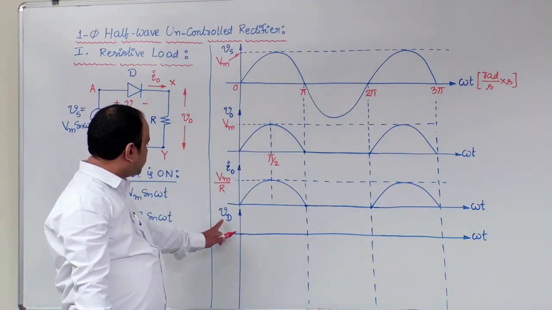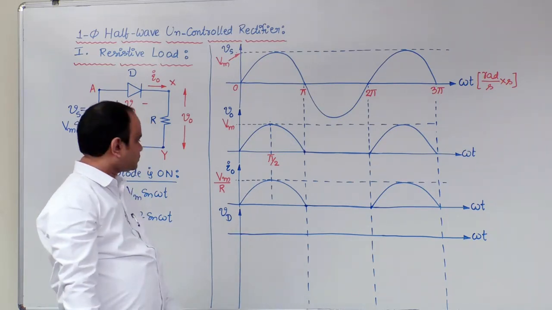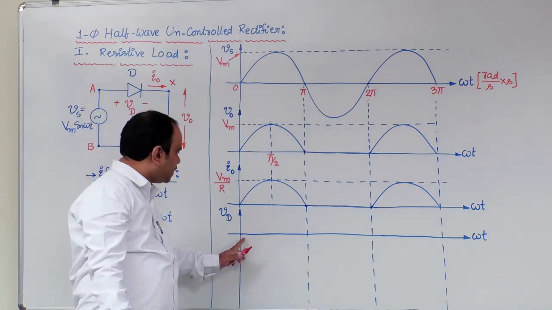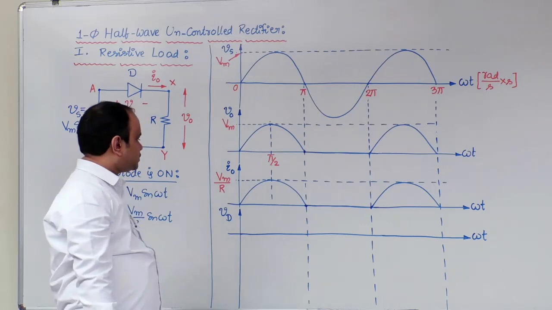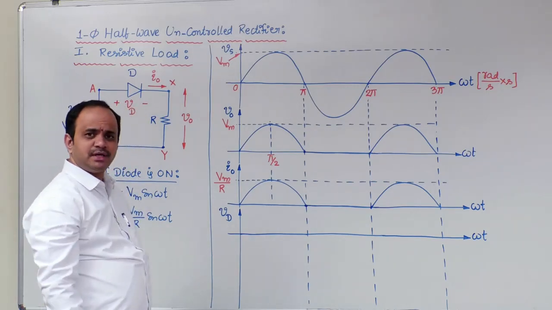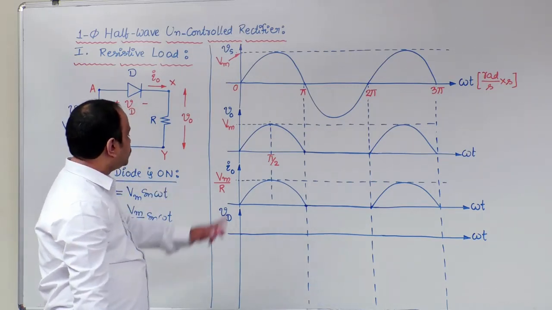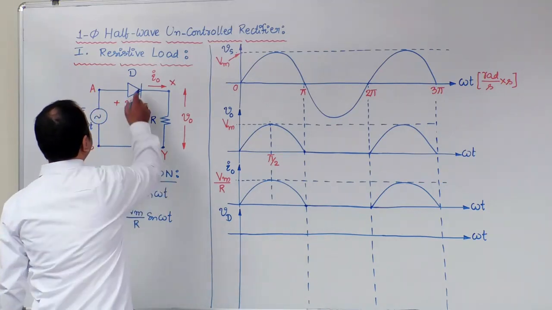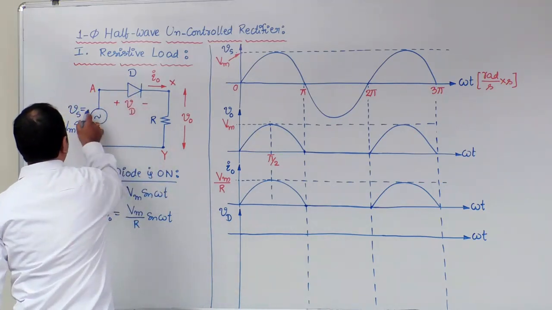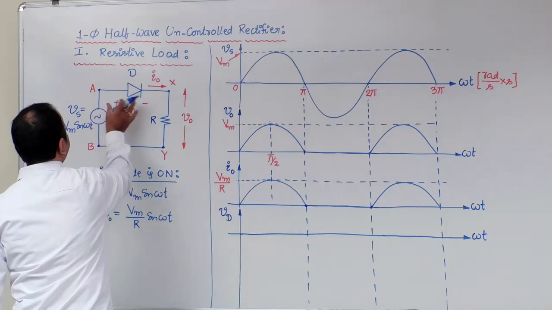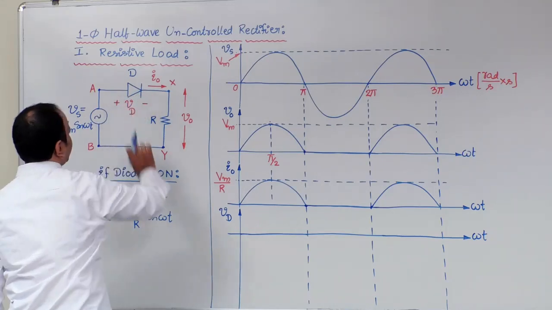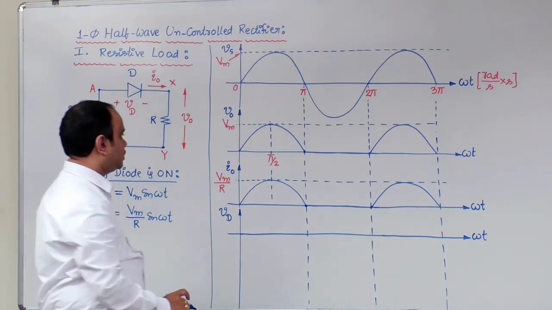Now, what about the voltage across diode waveform? From 0 to pi, the diode is in conduction, and hence the voltage drop across the diode is 0. Pi to 2 pi, what will happen? The diode is in the off state. That means the entire negative half cycle of source voltage will appear across the anode to cathode terminals of the diode.